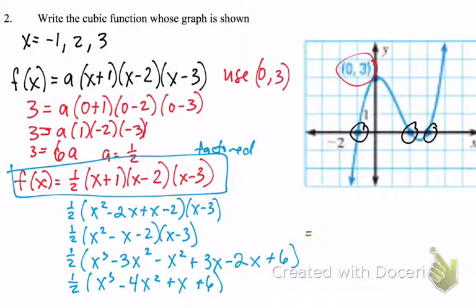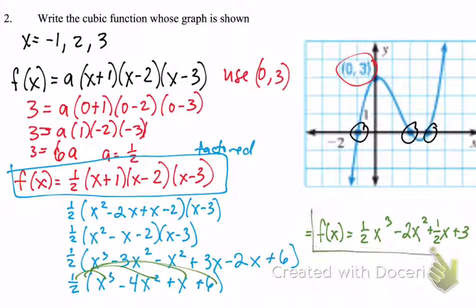So my final answer would be f of x equals 1/2 x cubed minus 2x squared plus 1/2 x plus 3. And I got that by distributing the 1/2. This right here would be in standard form.